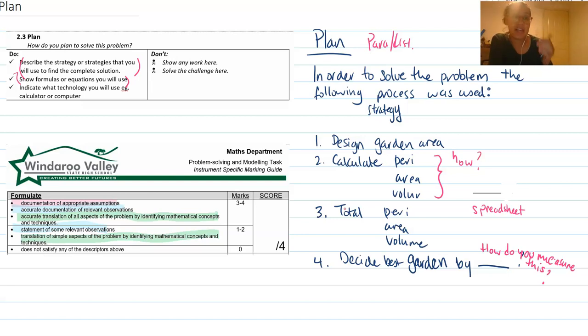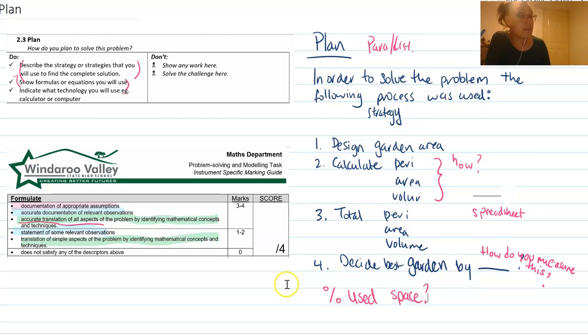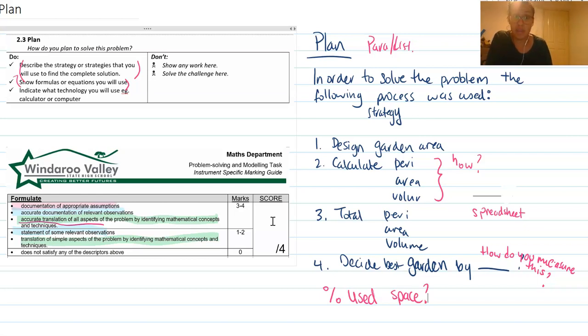How are you going to go the whole way to answer the best garden bed design? Some people might consider a percentage of used space: out of your full area, how much of it was used up by garden beds and all the amenities that go with having a school vegetable garden.